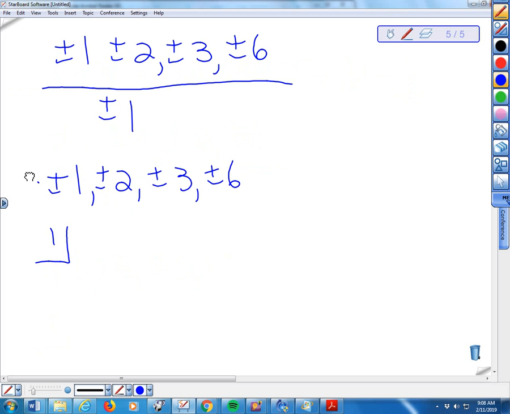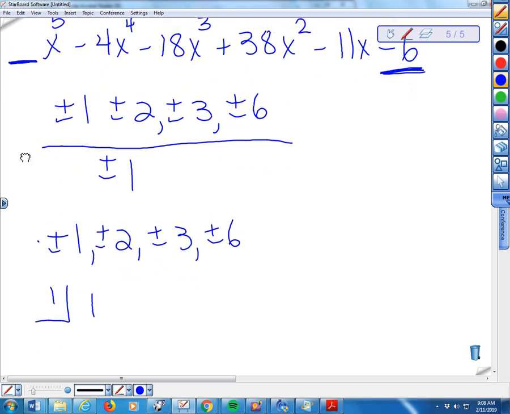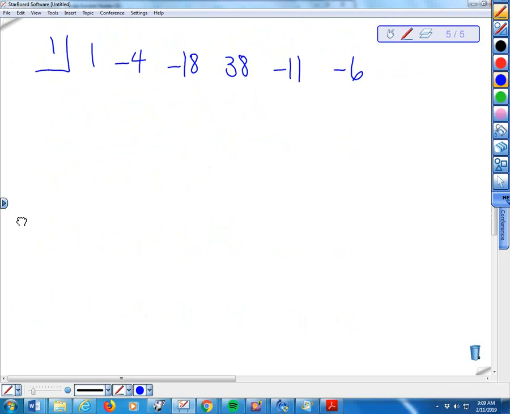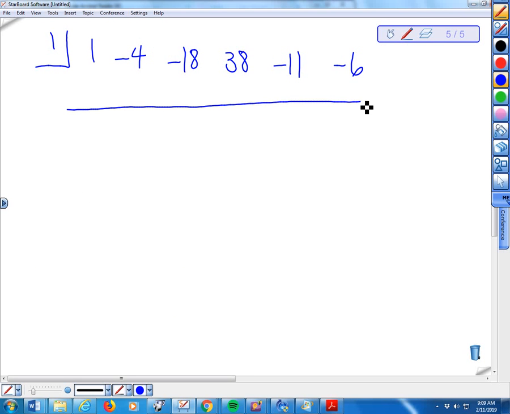So my first number is 1. So I can fill this out. Negative 4, negative 18, 38, negative 11, negative 6. Okay, so I'm ready to do synthetic division. Yep. Drop the 1, multiply. Add, multiply.